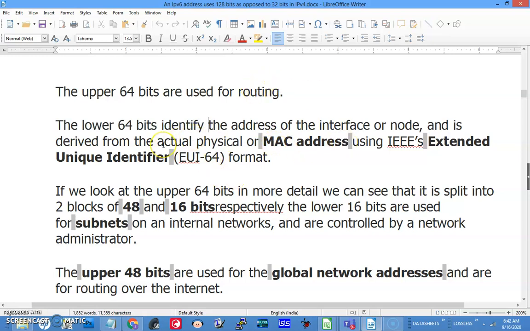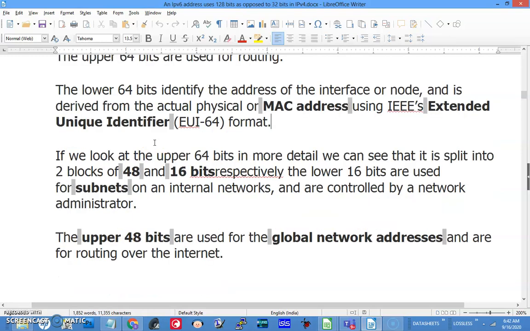This is going to be a typical exercise for you. I'll tell you the steps on how to do that. A MAC address is a hard-coded address on every network interface. That 48-bit address will be mapped or converted into the 64-bit lower part. So this is an exercise coming down the line.